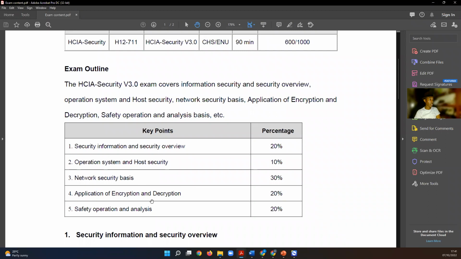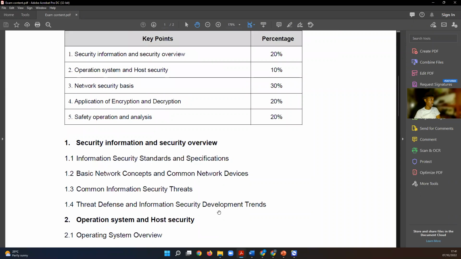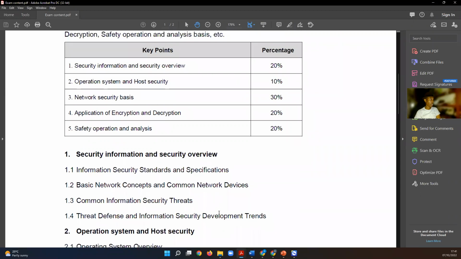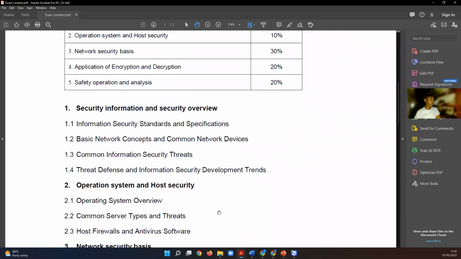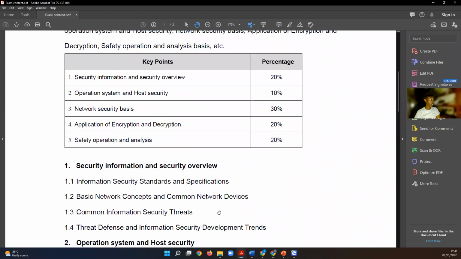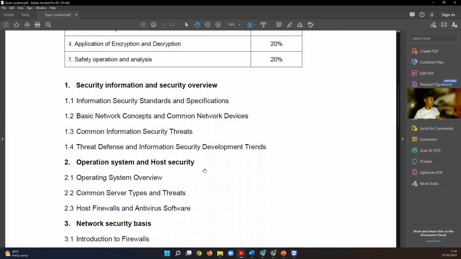So when you're looking at your content, you can see where to focus, because when you focus on some three key areas, you can assure your passing. I believe even the exam that you're doing covers these topics.